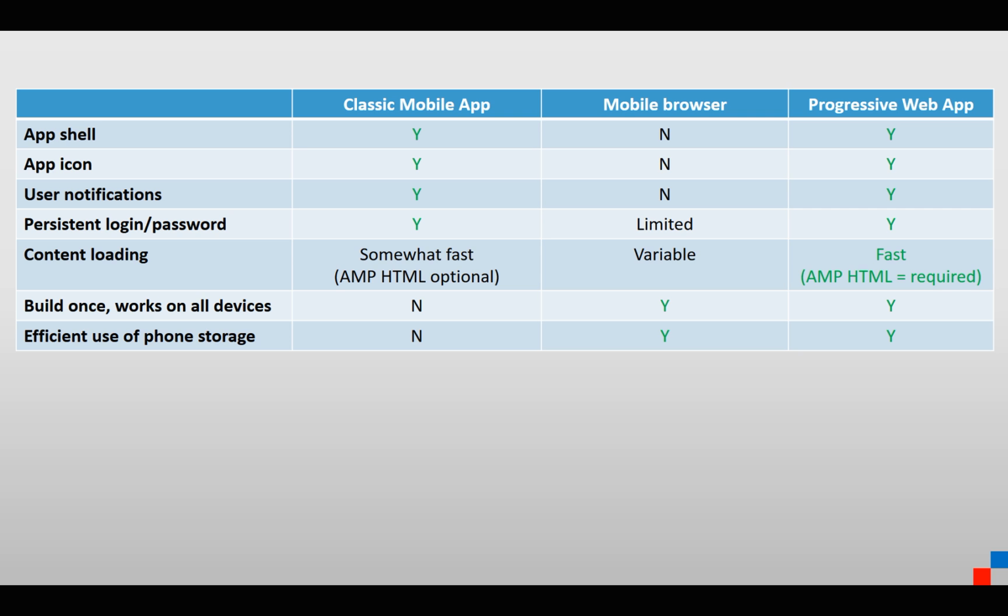So the beauty of a mobile app, and that's why we download them, is because they have a shell. They have an icon. We get notifications. We log in, and then we stay logged in for a long time. And generally, these apps are faster. They're somewhat faster than what you would get out of a mobile browser, where you have multiple seconds in most cases to get the contents.